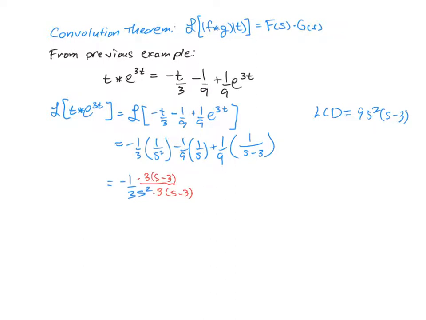For the next term, it's missing one of the s's, and it's missing the s minus 3. And then for the last term, it is missing the s squared.